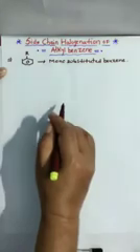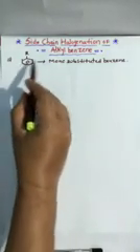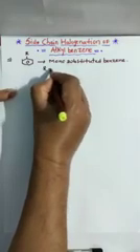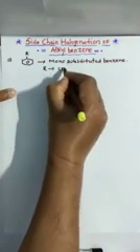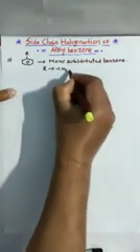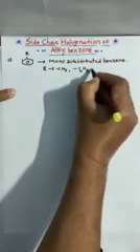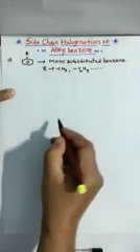Mono substituted benzene, that is alkyl benzene, may have a methyl or ethyl group, anything we can take. This alkyl benzene we are going to subject to side chain halogenation.